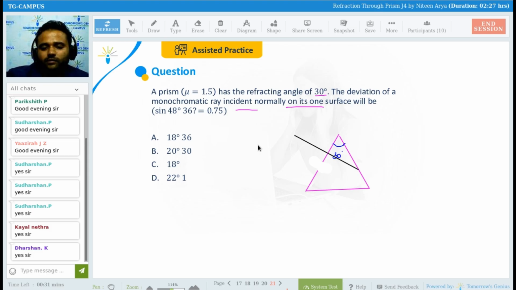Clear enough, everyone? Something like this relation happens. Now you need to find the solution. Option A is correct.